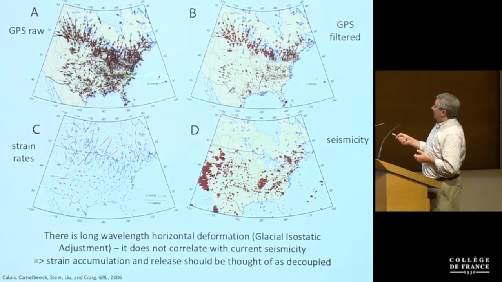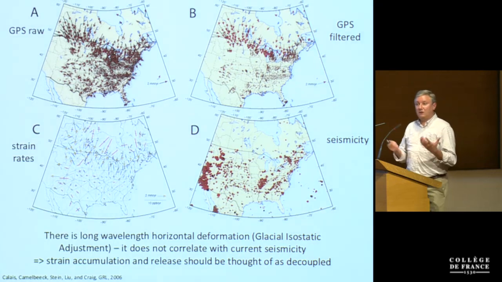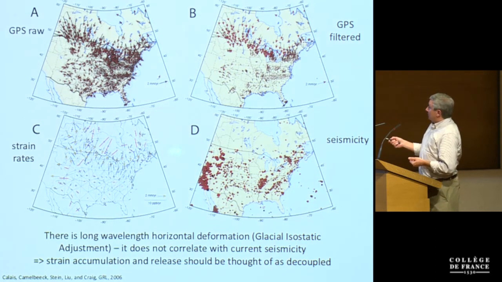If you filter that a little bit, then you can see a pattern here that looks very much like nothing going on in the mid-continent itself, and this convergence at up to 1 millimeter per year that is the result of glacial isostatic adjustment, actually. You convert this to strain rates, and this is what's done here. Blue is compressive, and red is extensional.